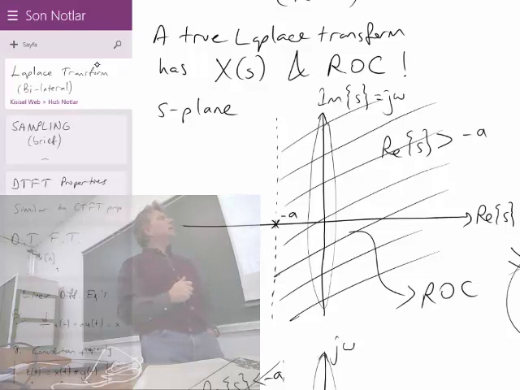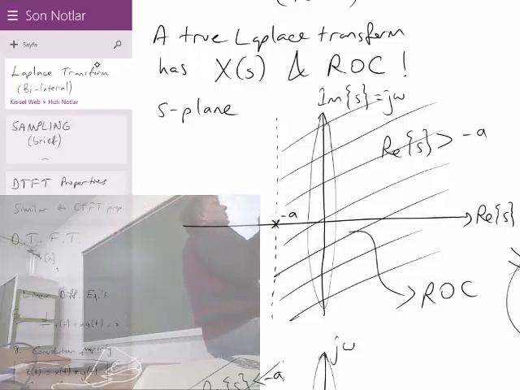Which means that it may have further consequences. One consequence is with respect to the inclusion of the j omega axis, or the real part of s, which is sigma, equal to 0 axis, the vertical j omega axis.